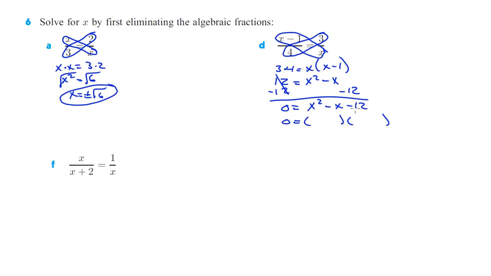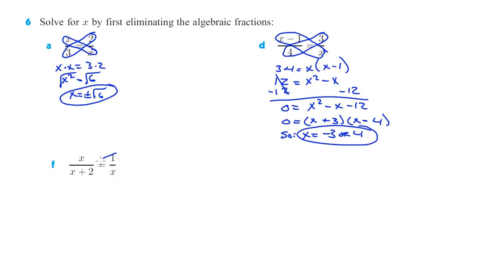Factors of 12 that have a difference of 1 are 3 and 4. Right? We know those are x and x. They have to add up to negative 1, so it's got to be negative 4 and positive 3. So x has to equal negative 3 plus 3 is 0, or positive 4 minus 4 gives us 0.